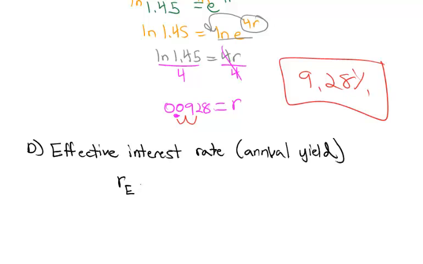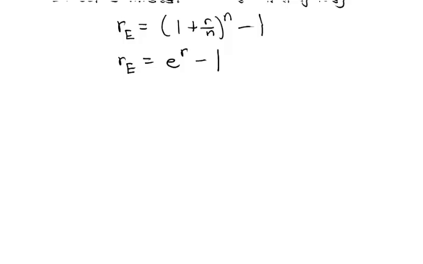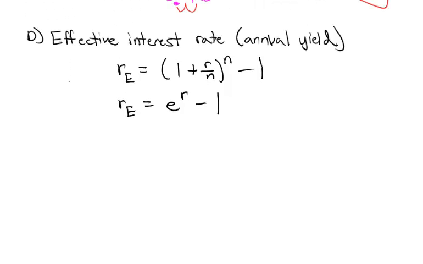Well, we'll call it R sub E, the effective interest rate. We can find it by using that 1 plus R over N to the NT thing, except we're talking about 1 year, so T is 1. So 1 plus R over N to the N, and then subtract off that 1. Similarly, with continuous compound interest, we can take e to the RT, with t being 1, and subtract 1 off of that. And that's going to give us the effective interest rate that you're earning in a year on some account.